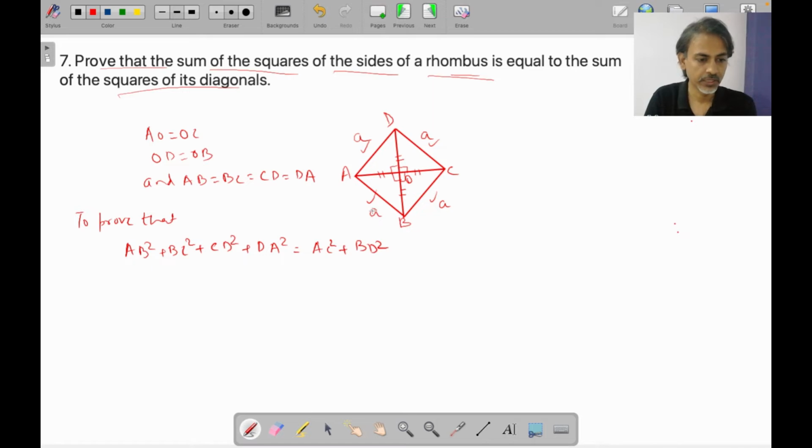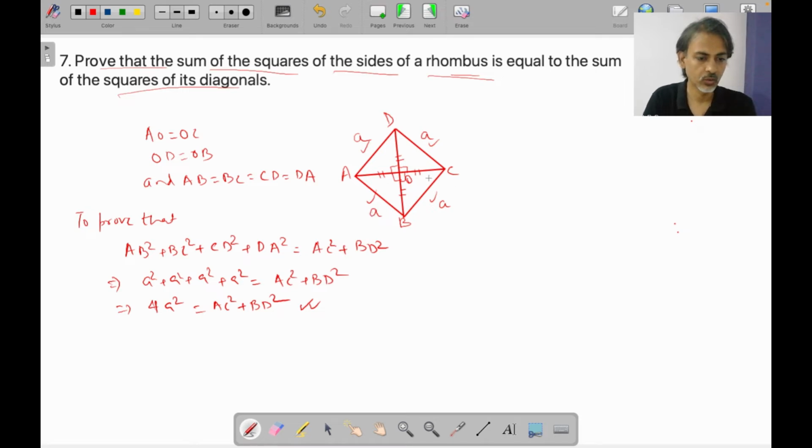Since we have already written that each side is a, this implies that we need to prove a square plus a square plus a square plus a square equals AC square plus BD square. This means 4a square equals AC square plus BD square. This is what eventually we need to prove.